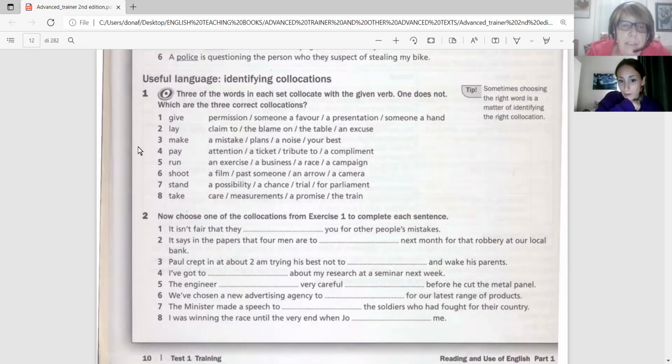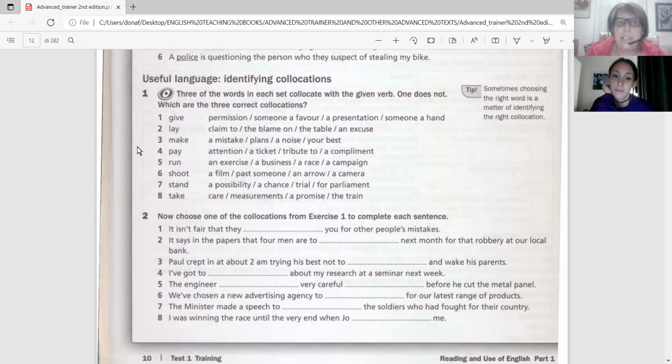Someone a favor. Give someone a favor. Si dice? Give someone, ok, a favor. Hai mai sentito? No. Se non l'hai mai sentito. Tu. Guarda give che to, no, non l'ho mai sentito. E infatti è quello sbagliato. Ok. Leggi però anche gli altri perché acquisisci anche nuove parole. Si dice give a presentation and give someone a hand.